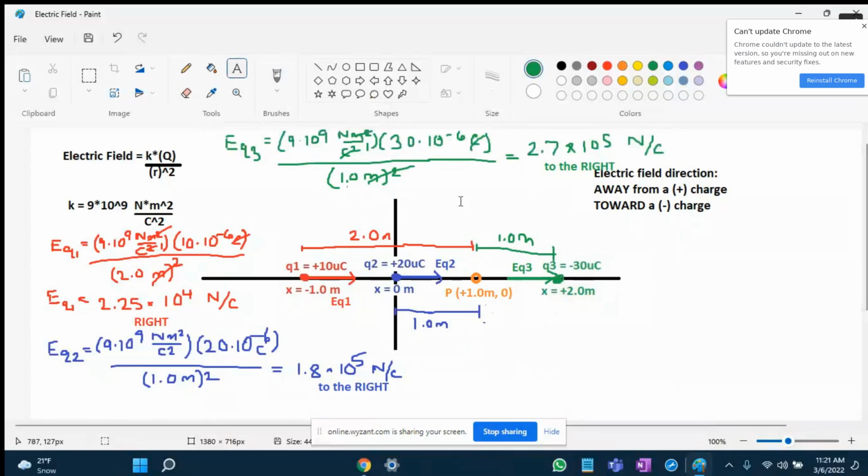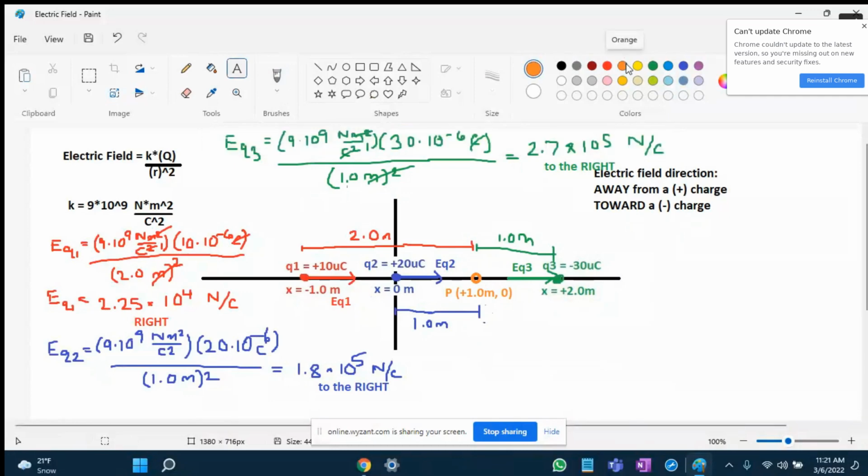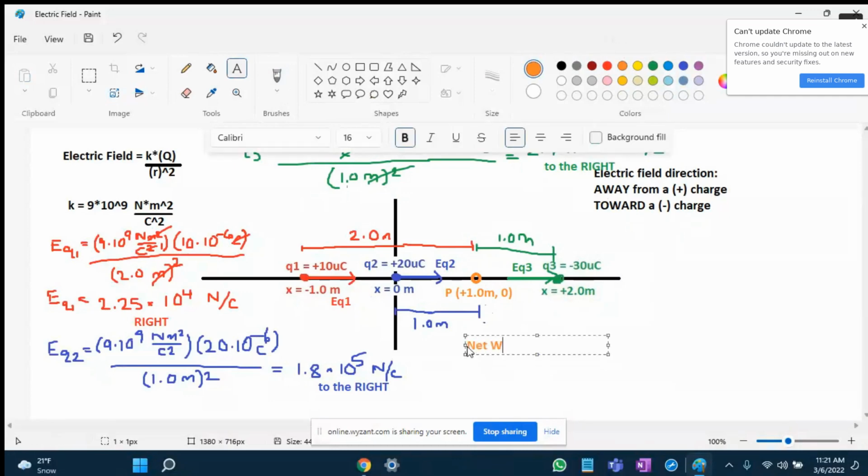Now that we determined the values of each of the electric fields exerted by each of the points, we can calculate the magnitude and the direction. They're all directed to the right, so the magnitude is simply going to be the sum of all of the electric fields. So the net electric field will be E from Q1 plus E from Q2 plus E from Q3.